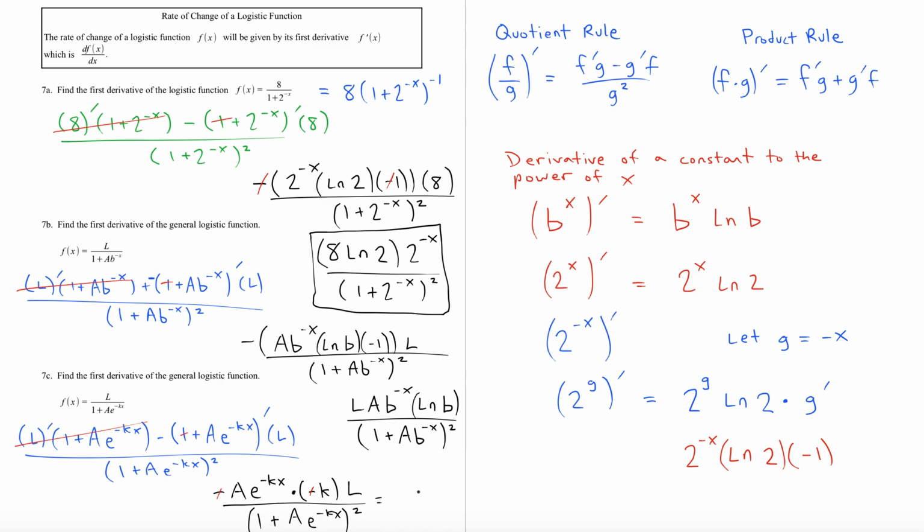And looks like we got L A k e to the negative kx divided by 1 plus AE to the negative kx squared.